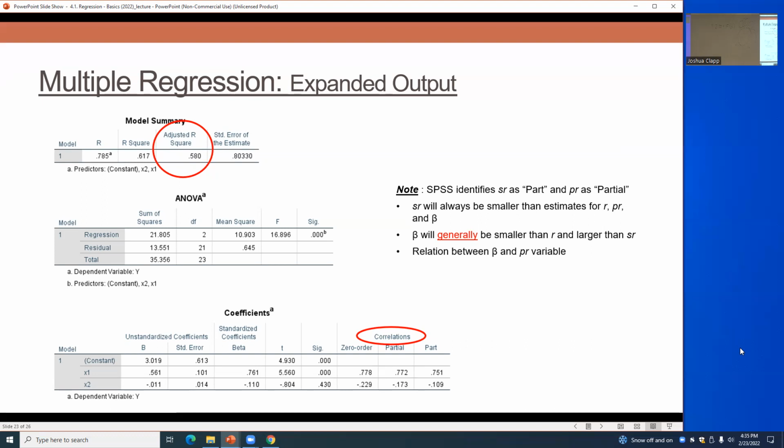What I've started to do is report squared semi-partial correlations, although those will often be quite small. F squared is a formal effect size for regression that doesn't have a nice interpretation, but it's also associated with a meaningful benchmark.